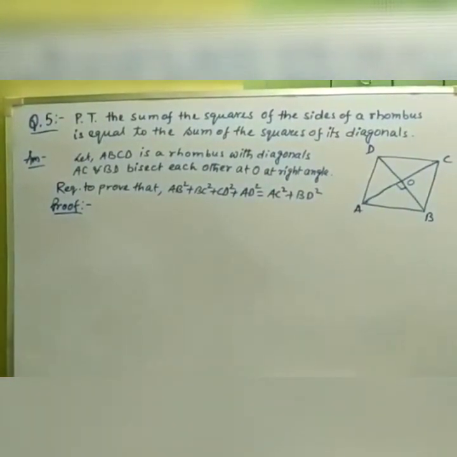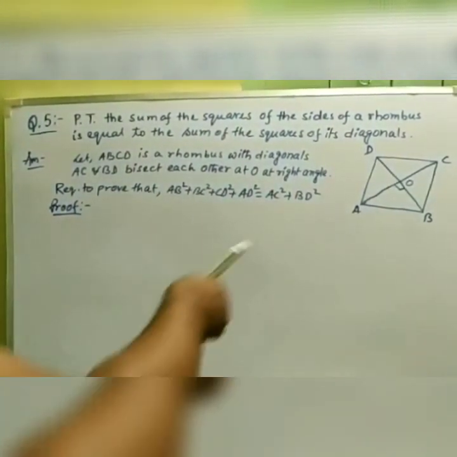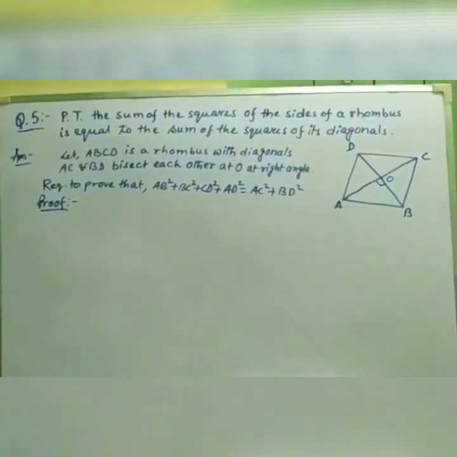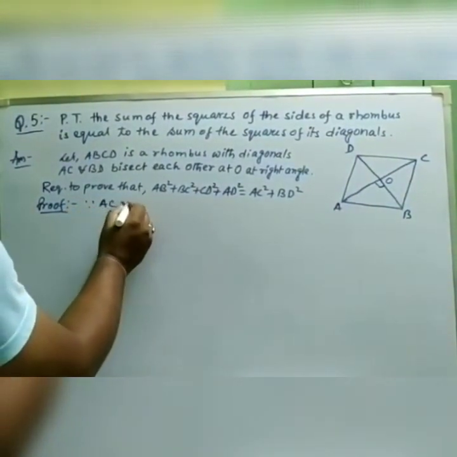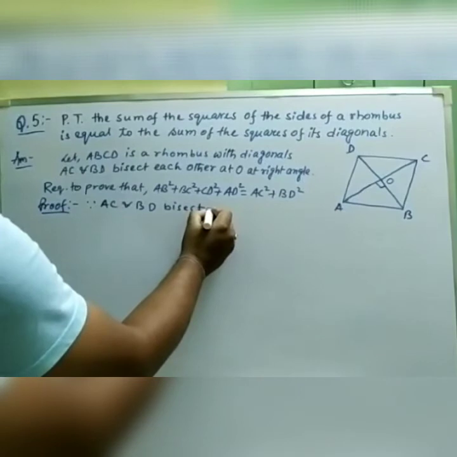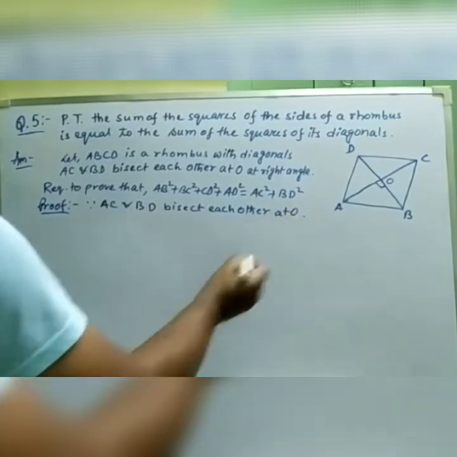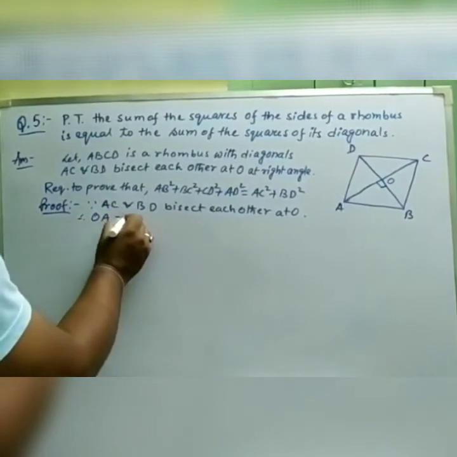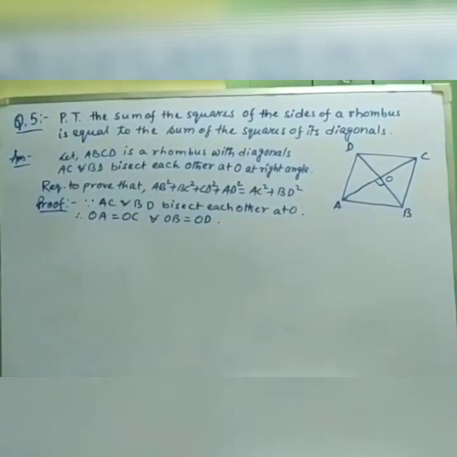You can see that we have the right angle, and also the diagonals bisect each other. As the diagonals AC and BD bisect each other at O, we can write, therefore, OA equals OC and OB equals OD.